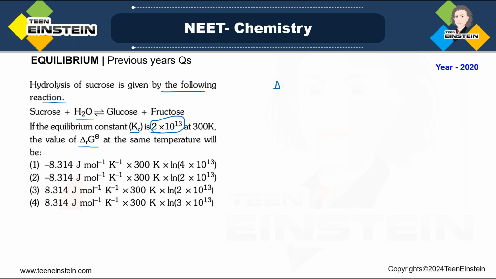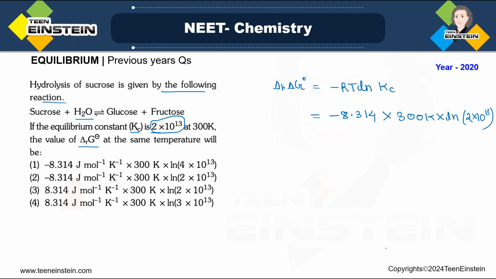If you know the relationship between ΔrG and Kc, it is minus RT ln K or Kc, whatever it is, right? So your R value is 8.314, because here all the options are written with 8.314, so you don't have to worry about it. Then 300 Kelvin multiplied by ln 2 into 10 to the power 13. So you don't even have to do the calculation.